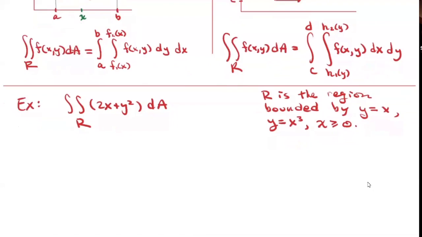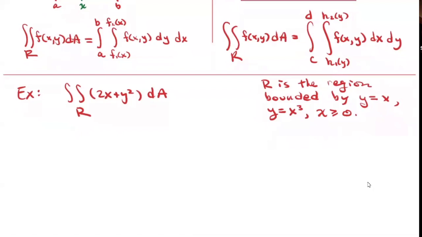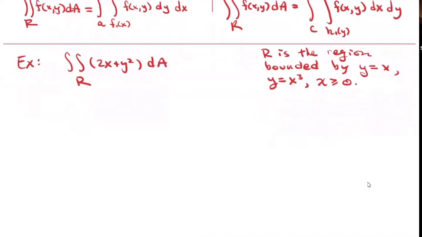Okay, so obviously you've got to be able to graph these, and then you can decide, well, how am I going to integrate it? Okay, so let's do a quick little graph.